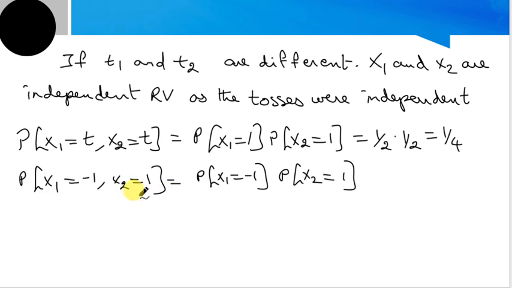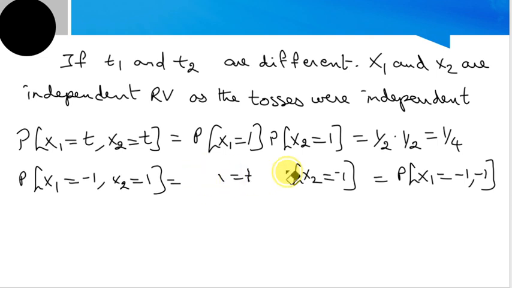So in all these cases, whatever we consider, that is both are 1s, minus 1 and 1, or plus 1 and minus 1, or both negative, minus 1 comma minus 1, instead of writing it individually, we will just write it together instead of repeating the steps again and again.